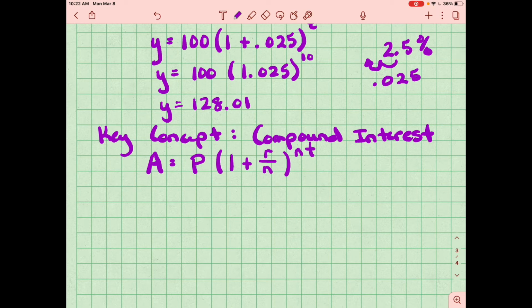So compound interest means that I get interest on my interest. In fact, it's like saying, okay, I'm going to invest my money for maybe a period of time, and normally I would get interest maybe every year, but I want my interest a little sooner than that.